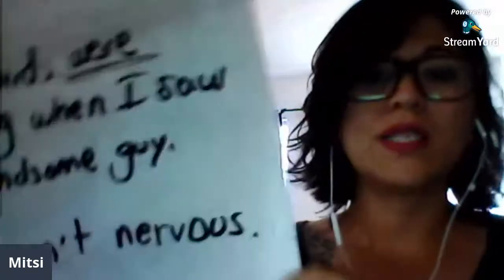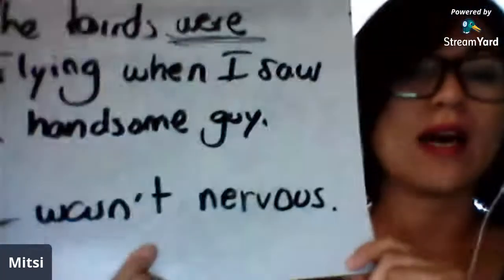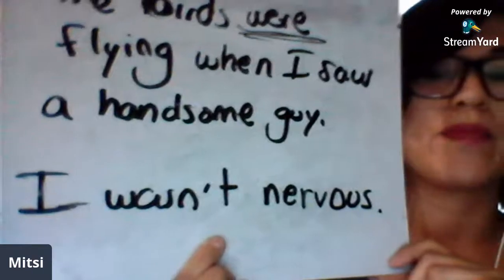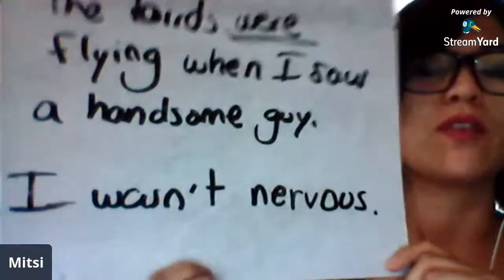I can say that I wasn't nervous. But this is simple past. I wasn't nervous. This is simple past, but I can connect my idea with a sentence in past continuous.